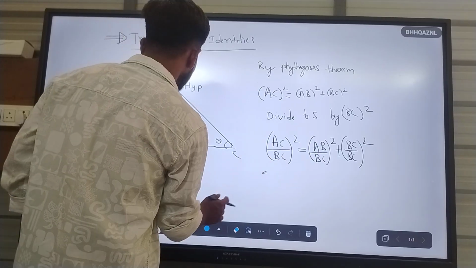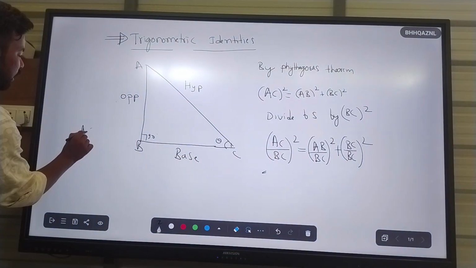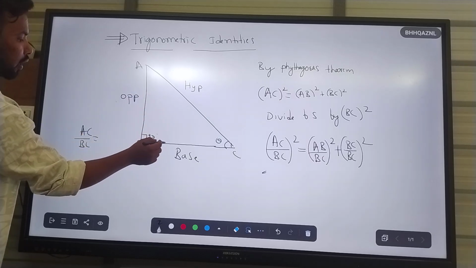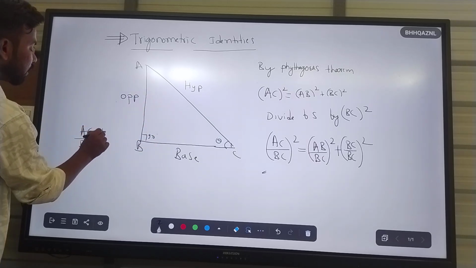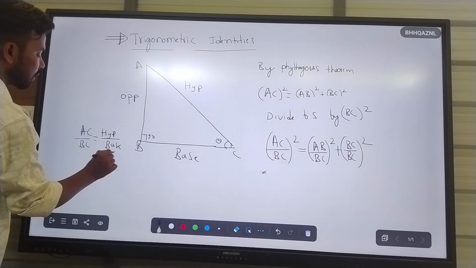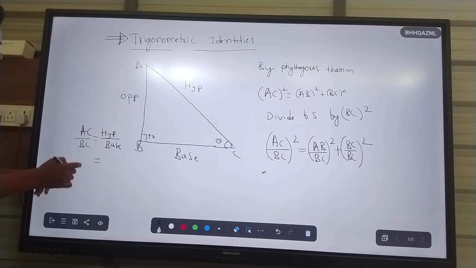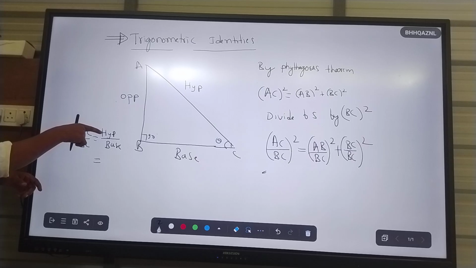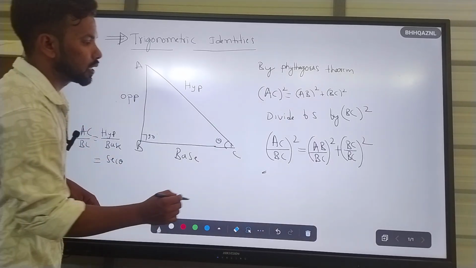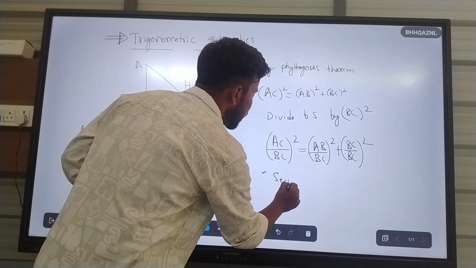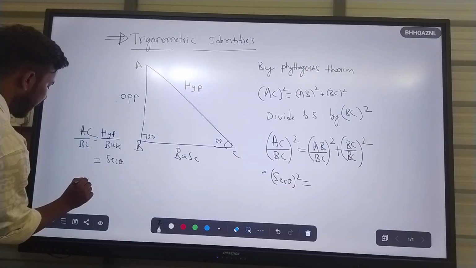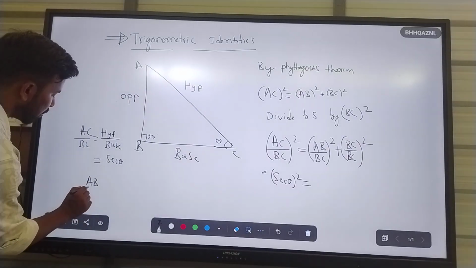Now AC by BC means hypotenuse by base. Base by hypotenuse means cos theta, and the reverse is secant theta. So secant theta whole square is equal to AB by BC.